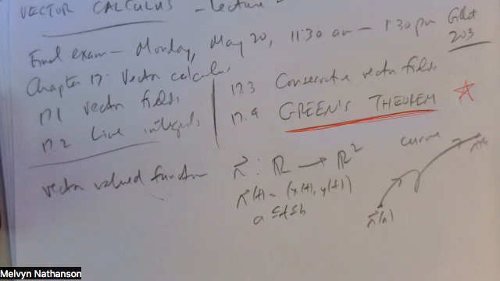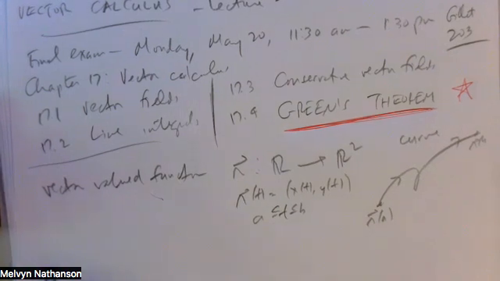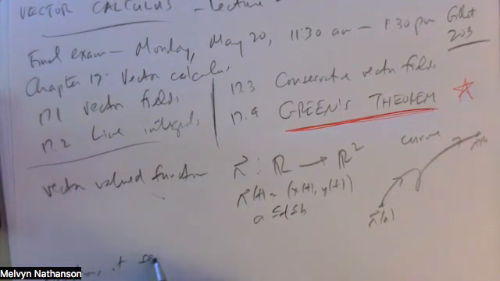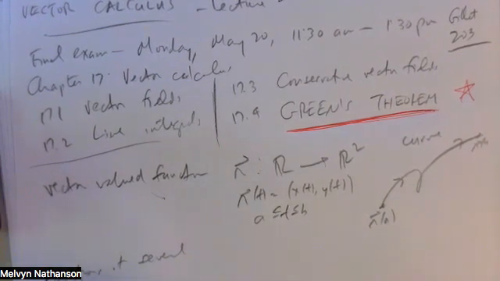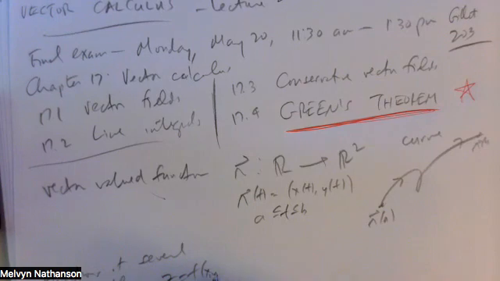And then we had functions of several variables. You might have z is a function f of x and y.